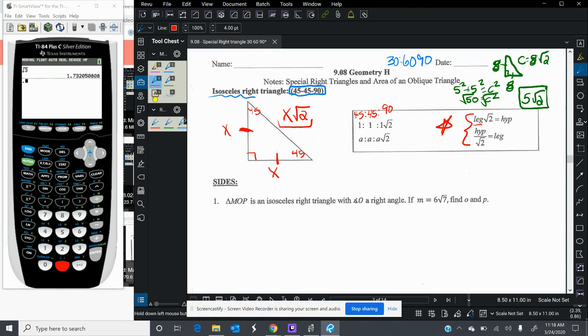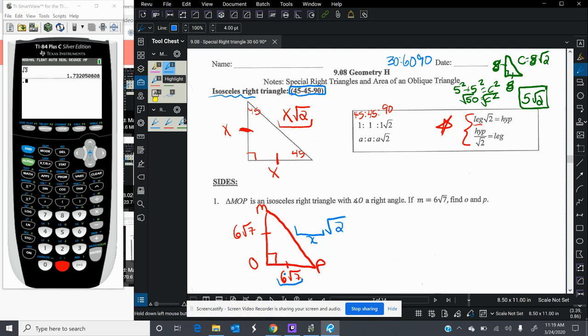So we're going to look at the following two examples. Here we have triangle MOP, an isosceles right triangle, with O being the right angle. We'll put M and P across the hypotenuse. If little m is 6 radical 7, that means little p is also going to be 6 square root of 7 since it's isosceles. The hypotenuse, we know from our rule, is x times the square root of 2.